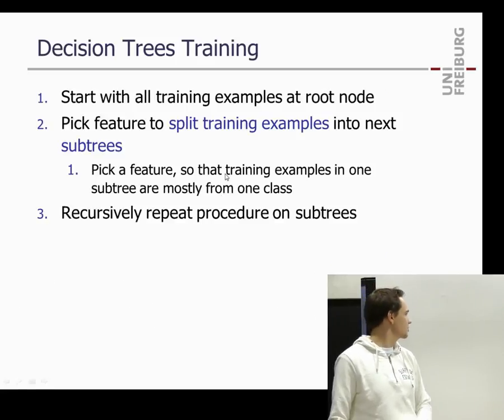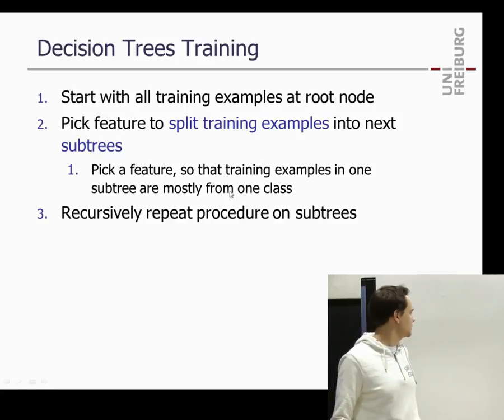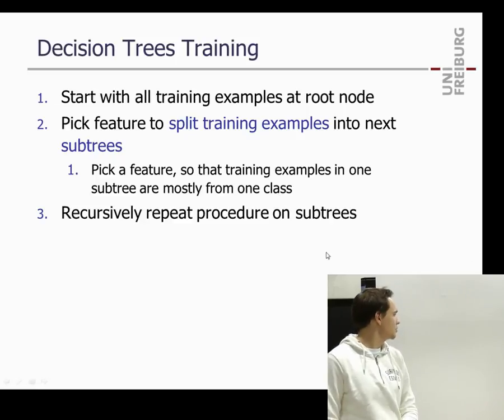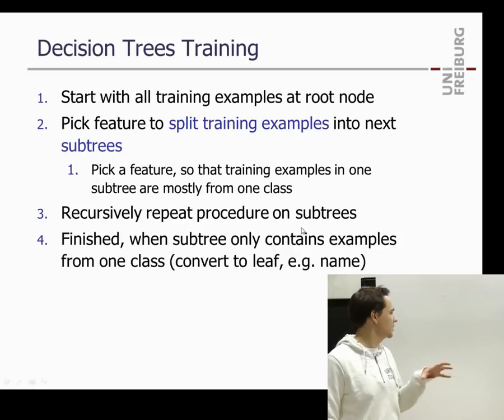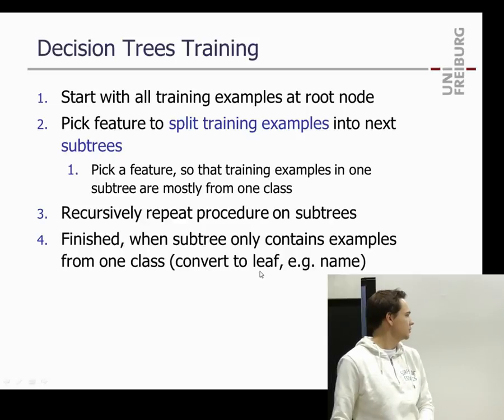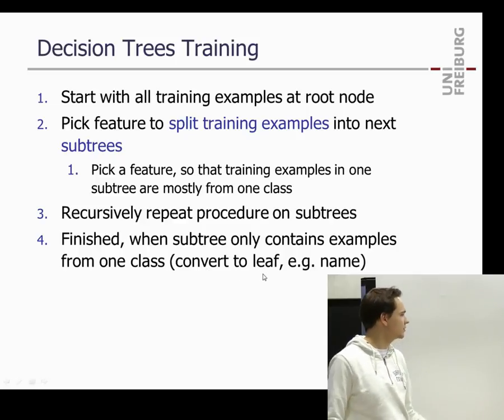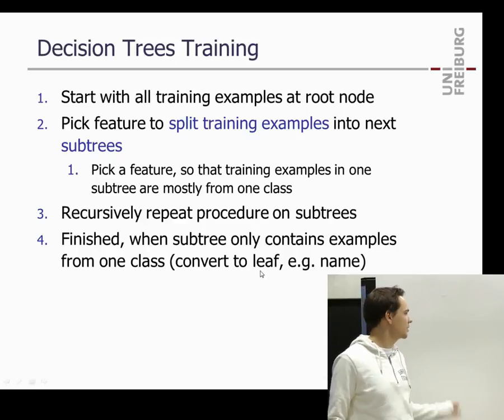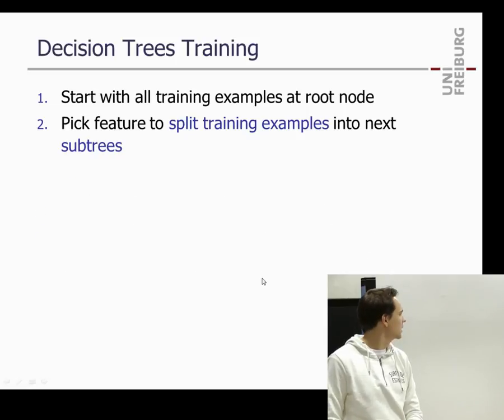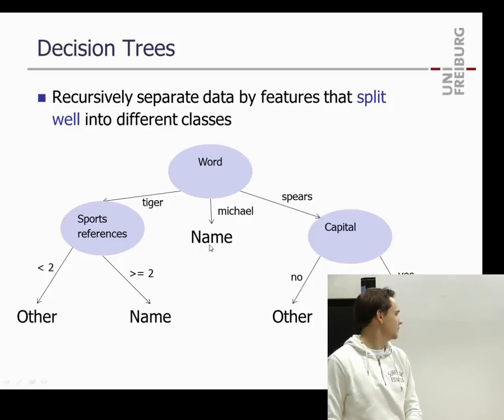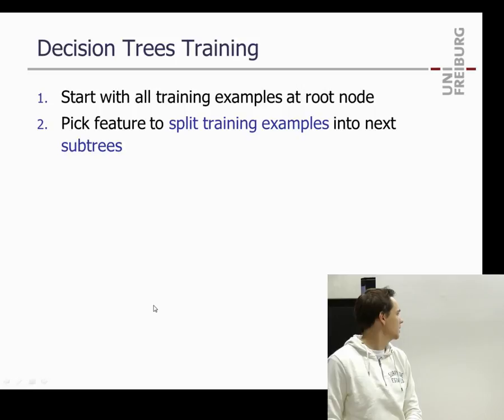So you pick a feature so that the training examples in one subtree are mostly from one class, and you just repeat this procedure on all the subtrees again and again. You're finished when one subtree only contains examples from one class. Then you convert it to a leaf. If there are only person names left after you split and split, then you can say, if I arrive at this leaf, it should be a name.